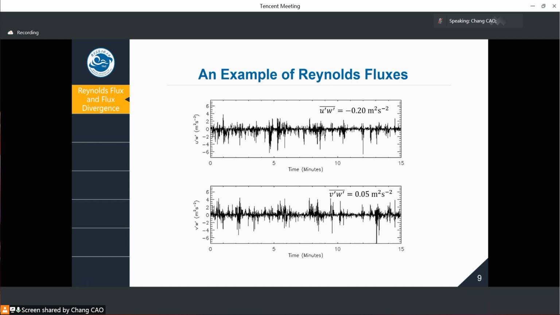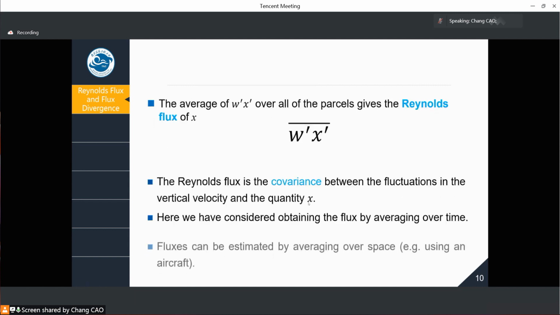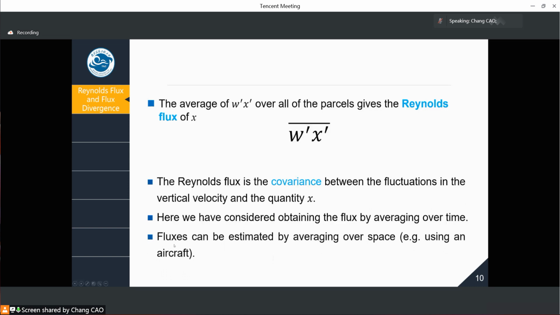And actually, fluxes can also be estimated by averaging over space. In this slide, we just average the Reynolds flux over time, but they can also be estimated by averaging over space.